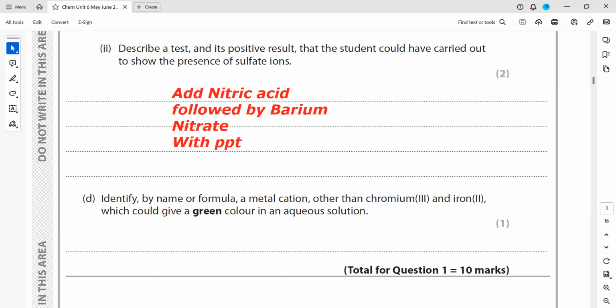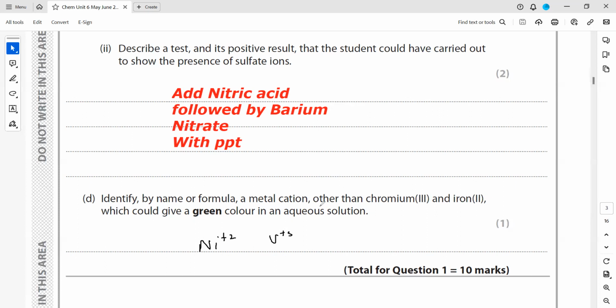Identify by name or formula a metal cation, other than chromium and iron 2, that could give a green color in aqueous solution. So green color in aqueous solution, they're not saying precipitate. That might be due to nickel plus 2 or vanadium plus 3.